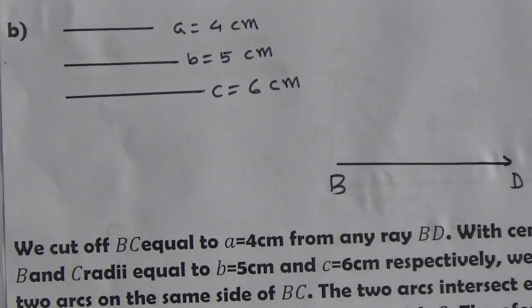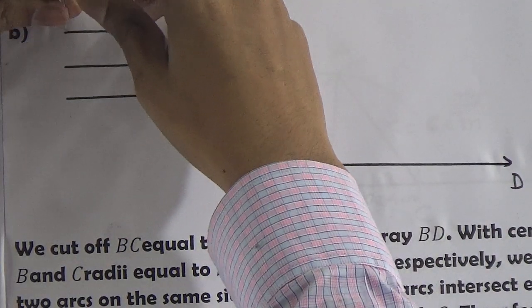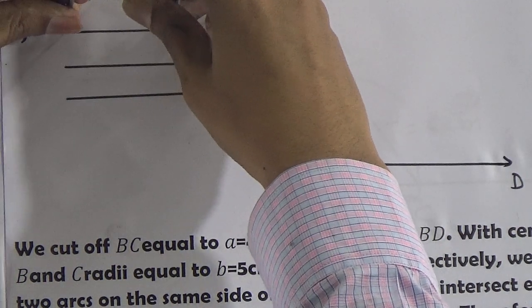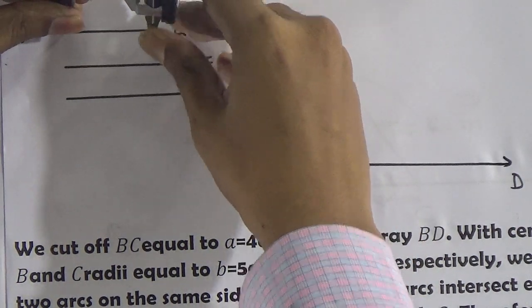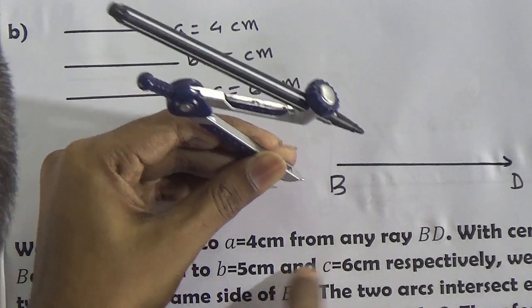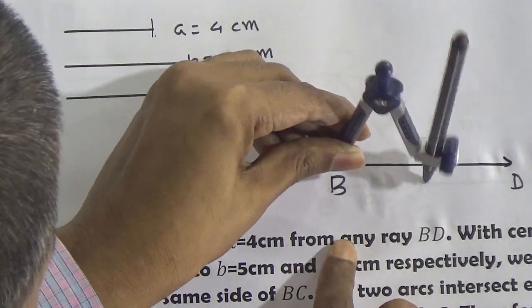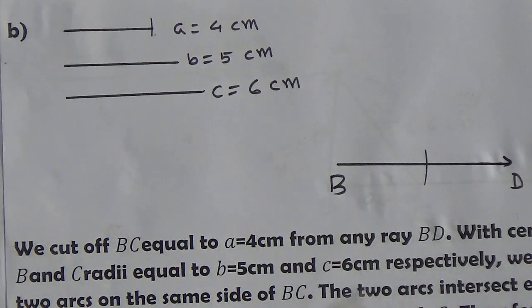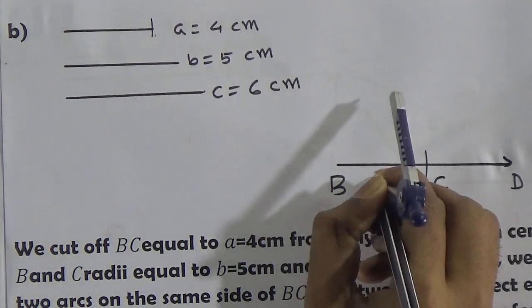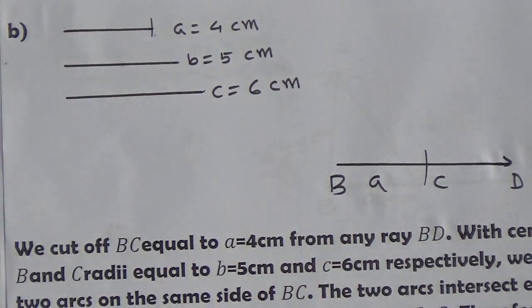From BD we cut BC equal to a, which is equal to 4 centimeter. This is a. a means 4 centimeter.